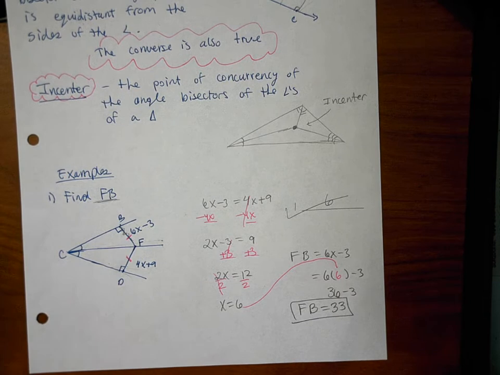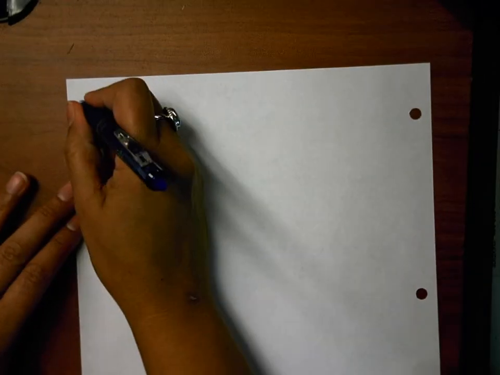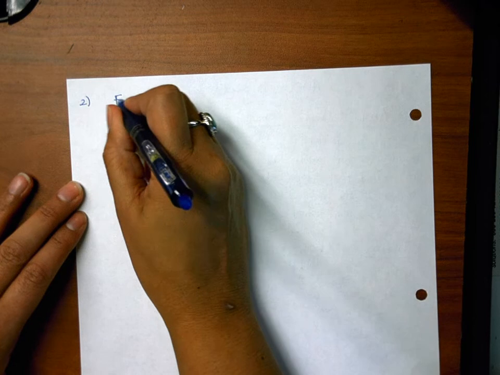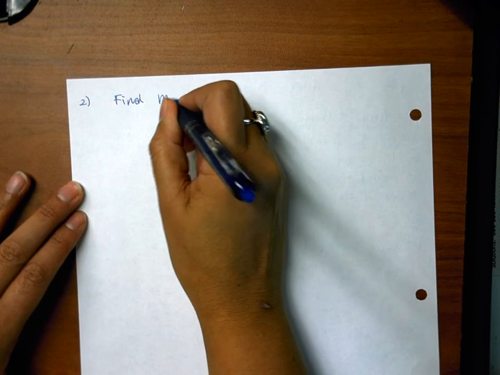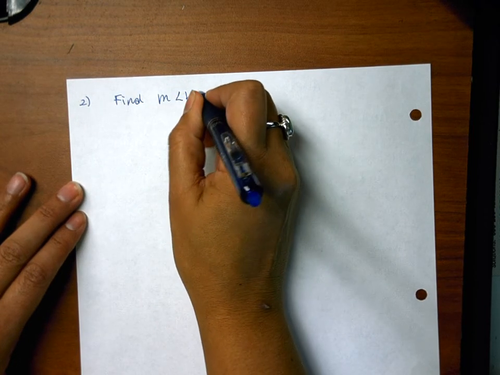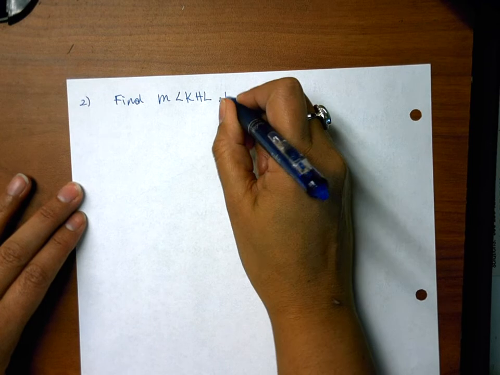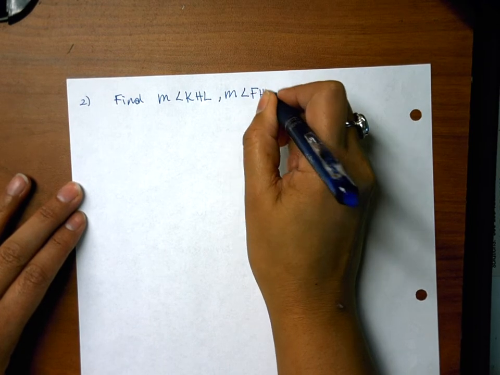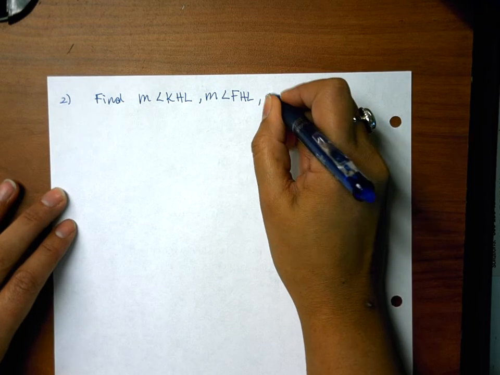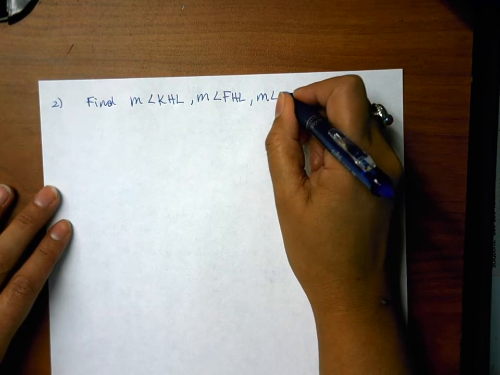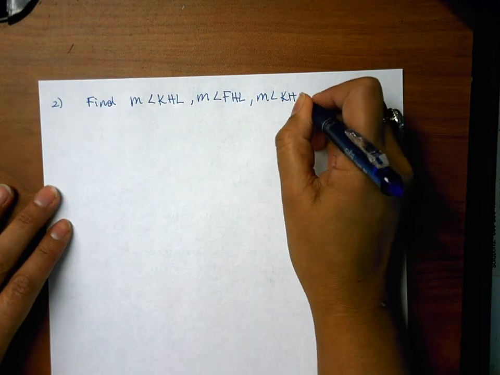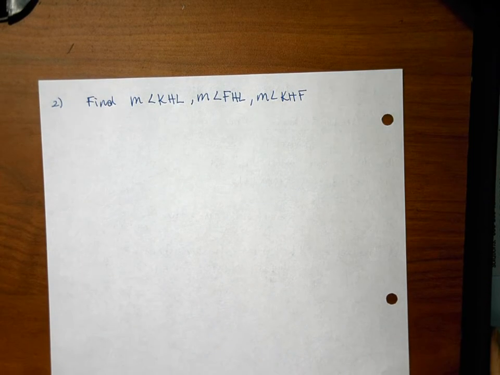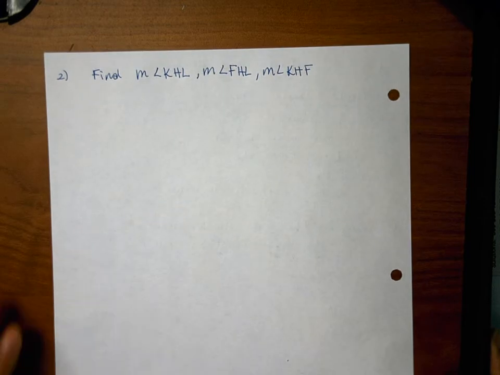Okay, number 2. Find the measure of angle KHL, the measure of angle FHL, and the measure of angle KHF. All right, let's get the image.